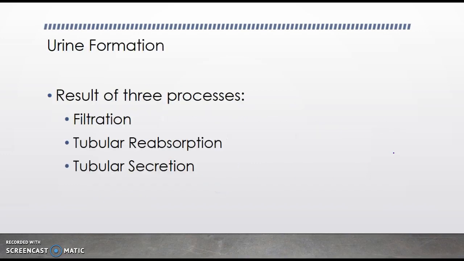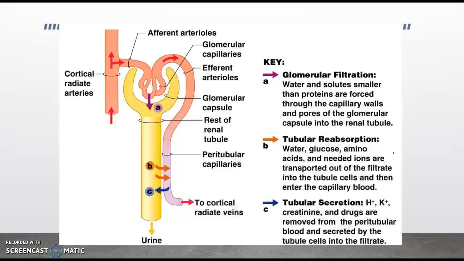So urine formation in general is a result of three processes: filtration, reabsorption, and secretion. This picture right here does a fantastic job showing you all three of those mechanisms that we use to create urine.